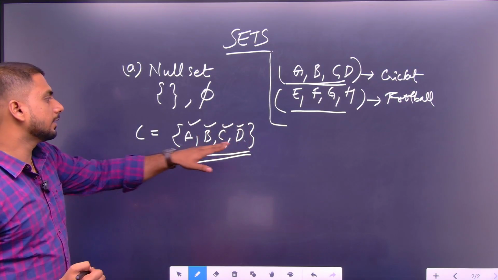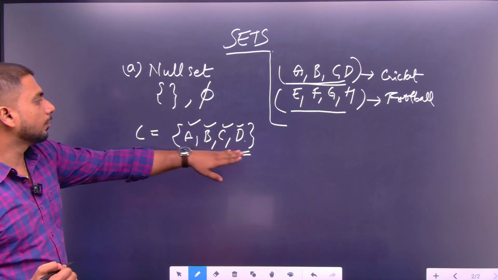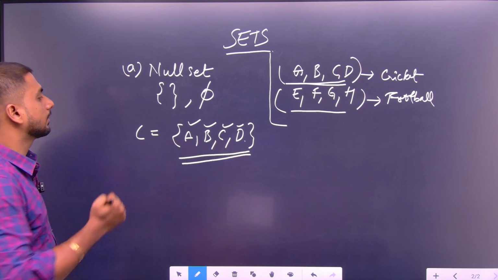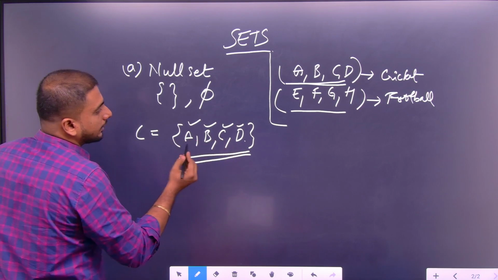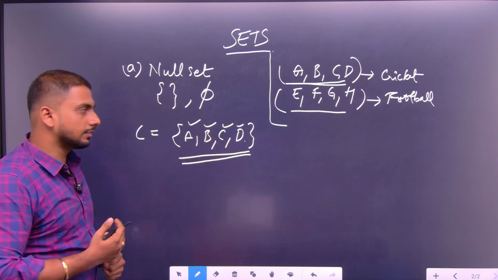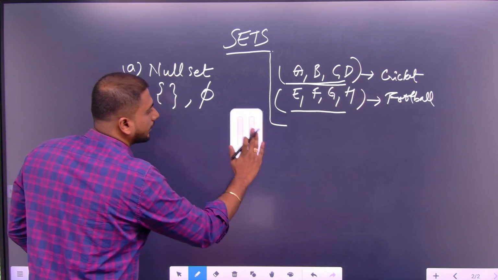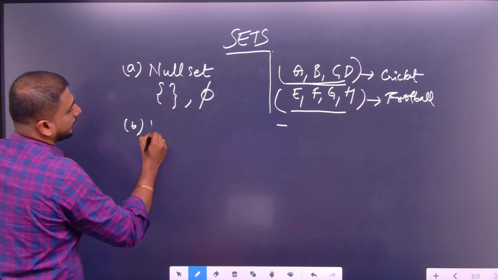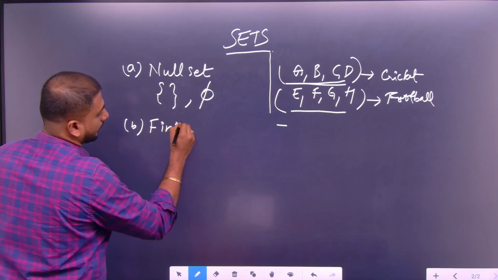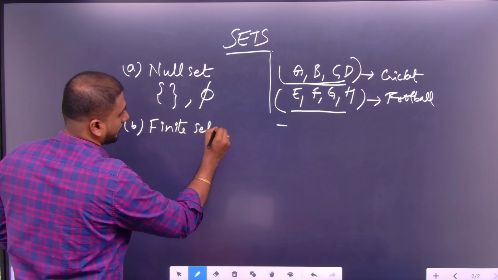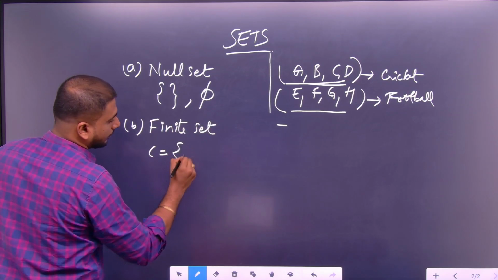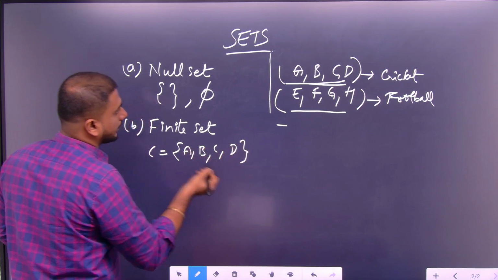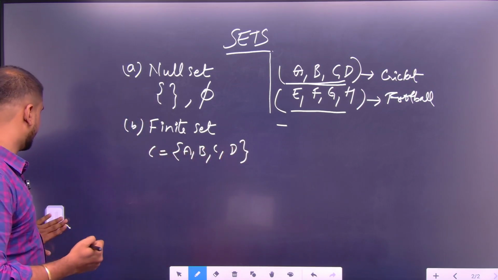There are exactly 4 elements inside of C. This has a finite number of elements inside of it and is called a finite set. So C equal to A, B, C and D is an example of a finite set.